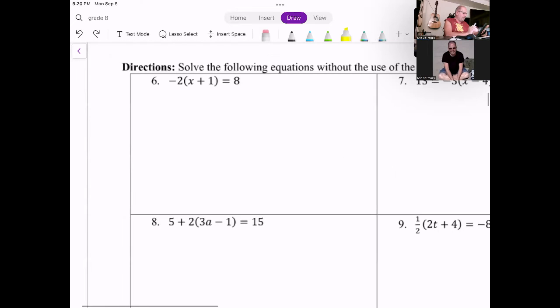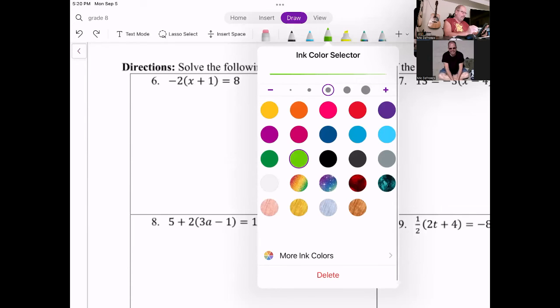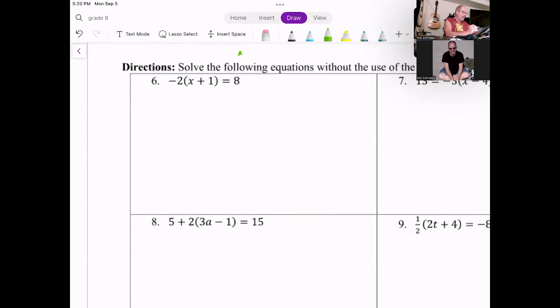So -2 is multiplying times the x and times the 1. And in this case, since it's plus, it's a positive 1. We would say that this is the distributive property of multiplication over addition, because there's an addition there.